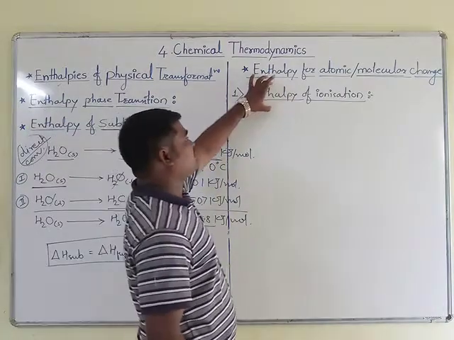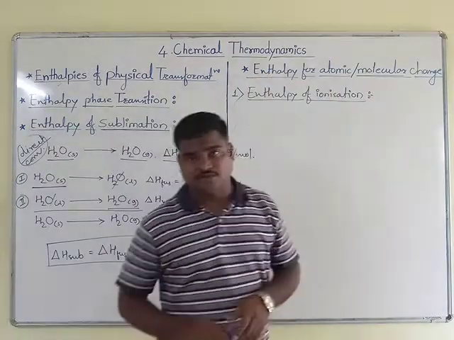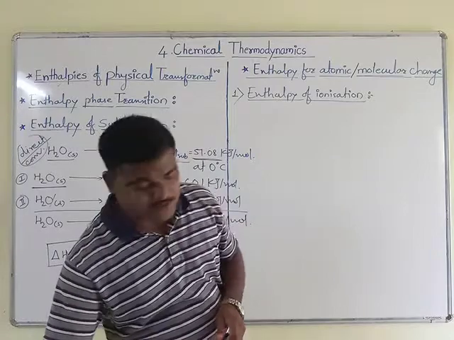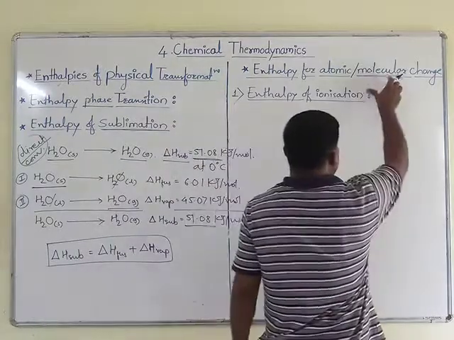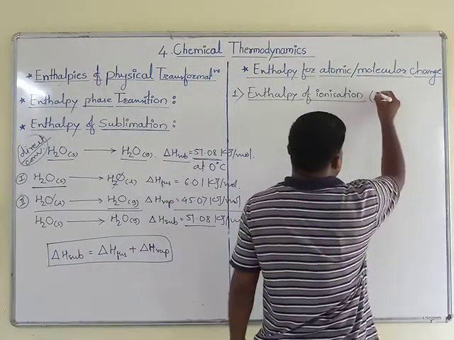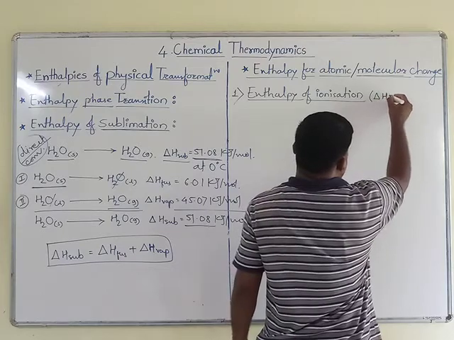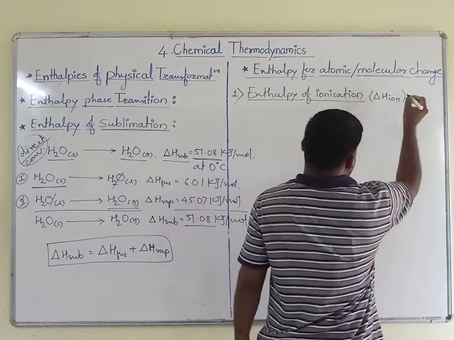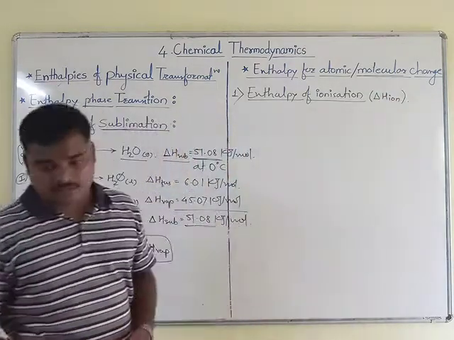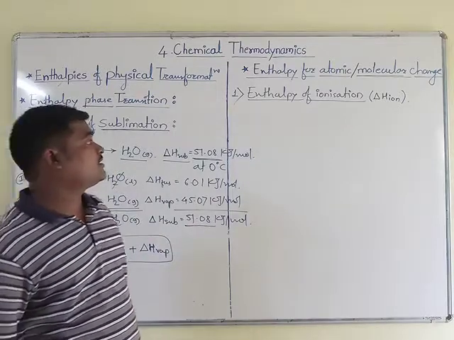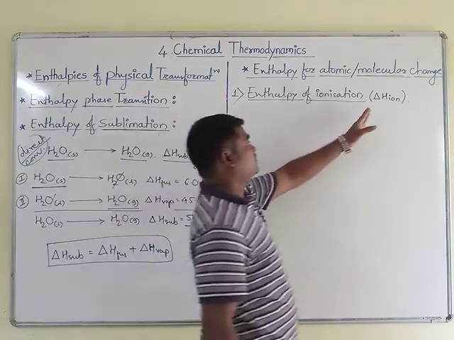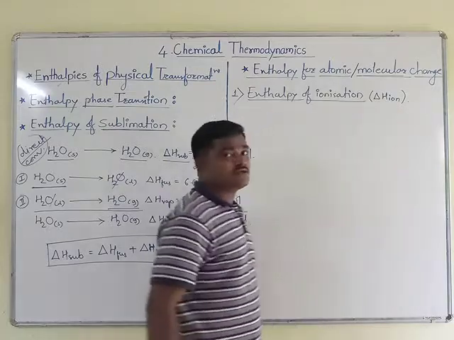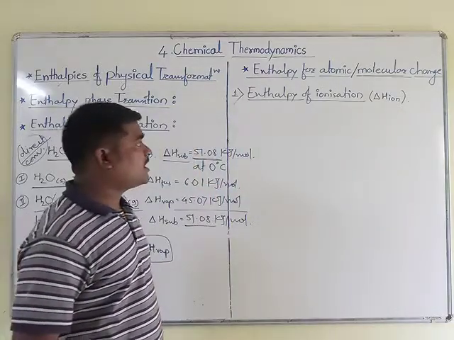That enthalpy we call the enthalpy of ionization. The representation of this enthalpy is delta H ion, the notation for the enthalpy required for the ionization process.